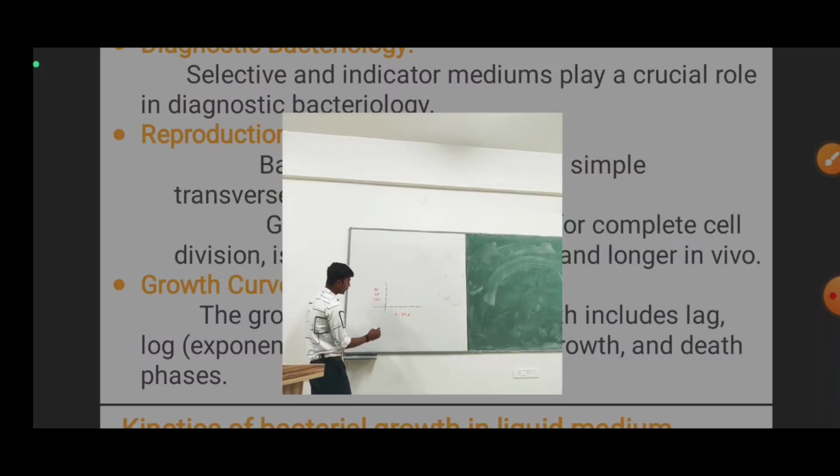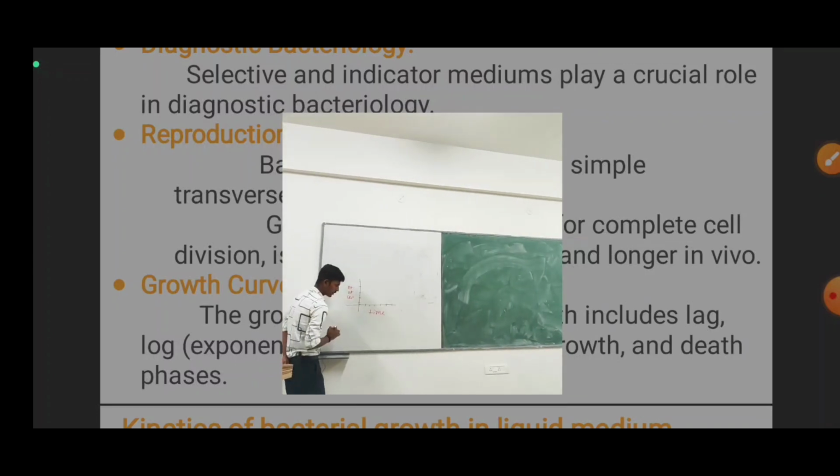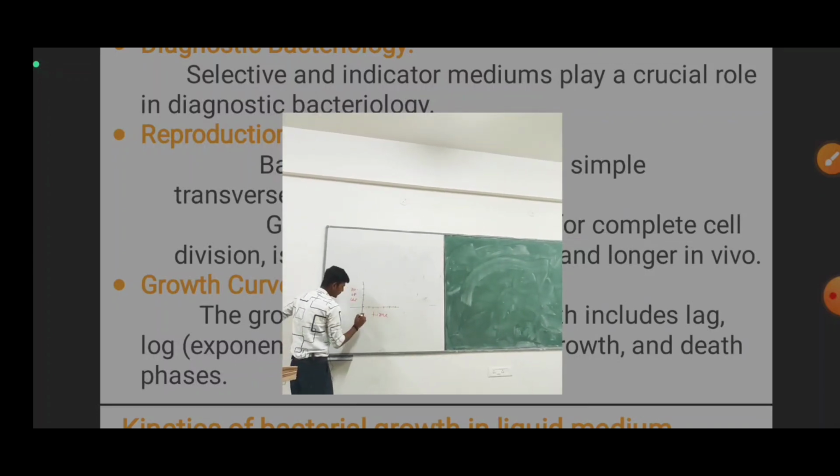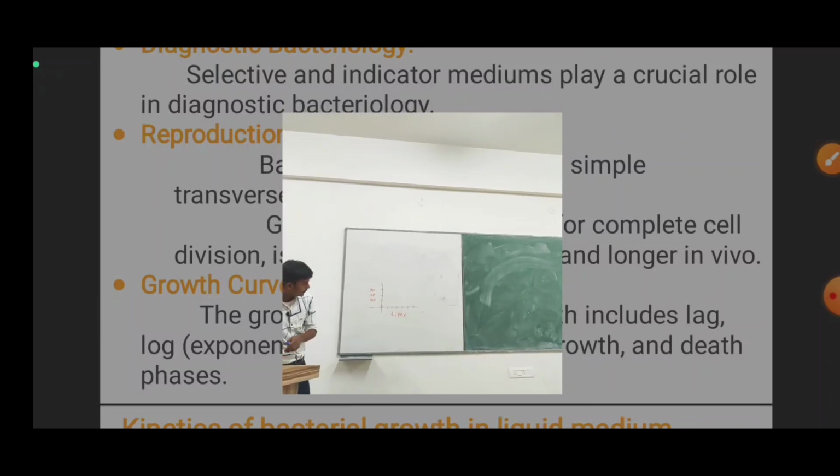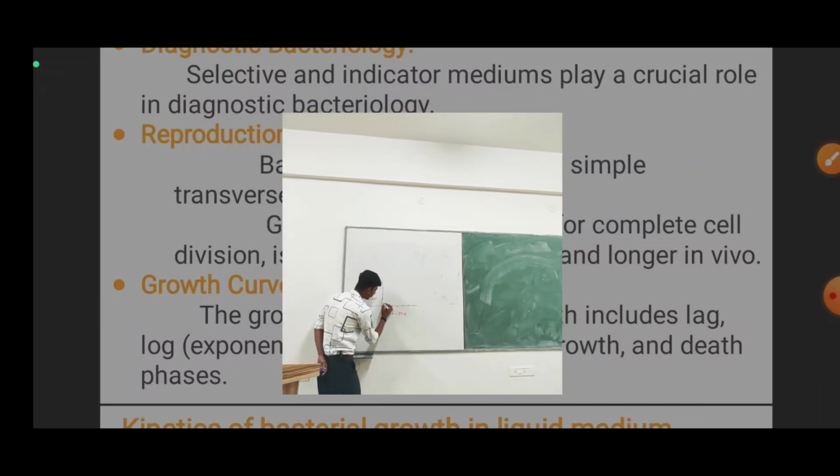Now what happens? Bacteria initially start at a 0 point. Bacteria first show a stationary phase, then they make growth.